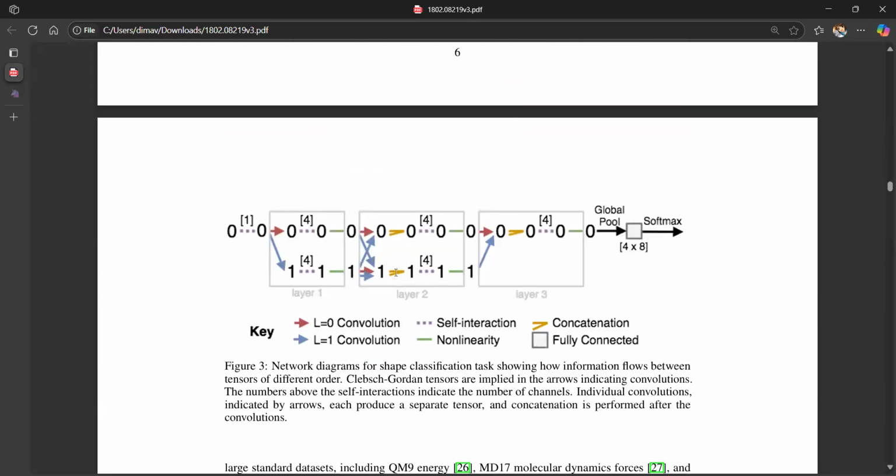So to act with our neural network, what we could do is compute several convolutions. If we have two types of convolutions, L0 and L1, then we concatenate them, and that's going to be kind of our output.